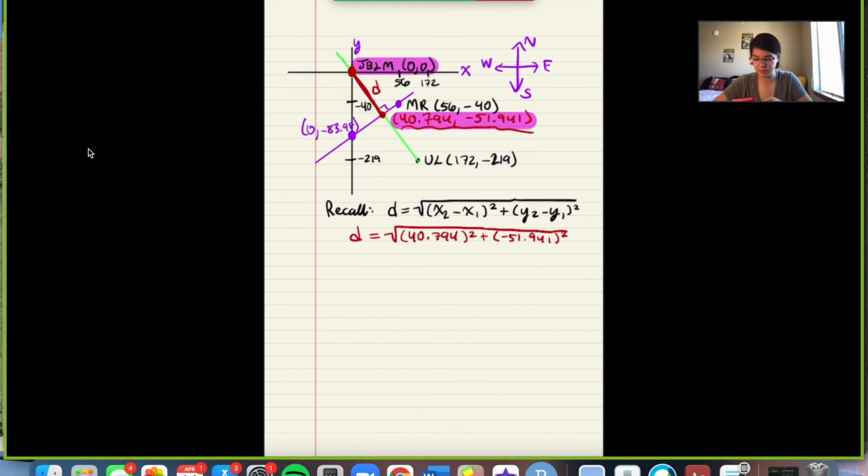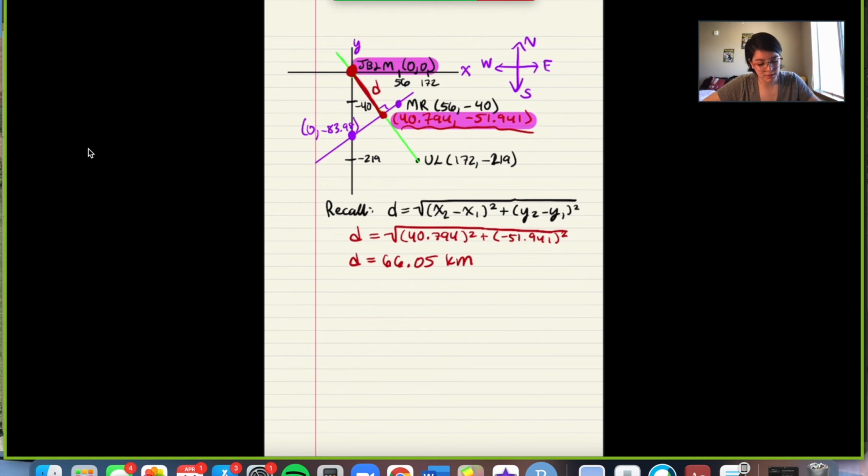Give me 2 seconds. 40.794. And I get that the distance is 66.05 kilometers. So from the base to the point closest to Mount Rainier is 66.05 kilometers.